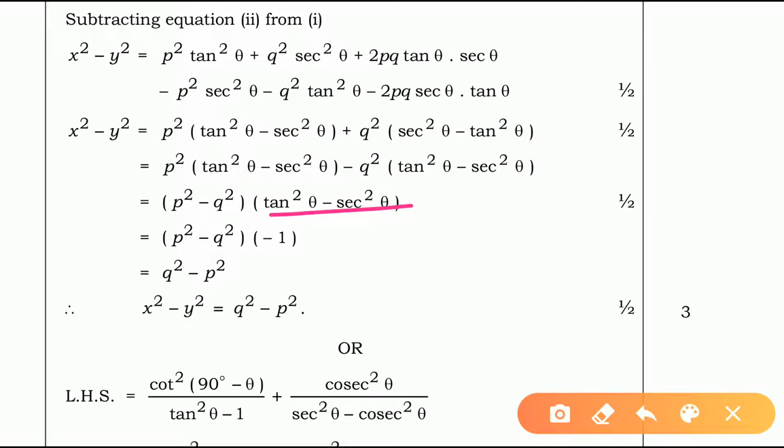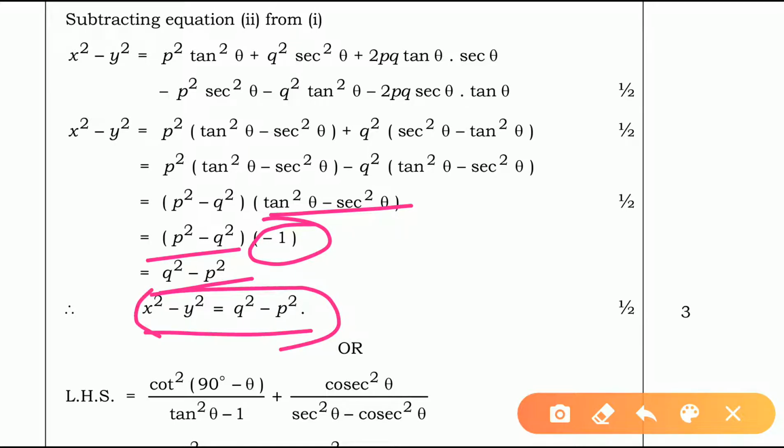Then this is equal to minus 1. Multiplying this by p square minus q square, we get q square minus p square. Therefore x square minus y square is equal to q square minus p square. This is our required result.